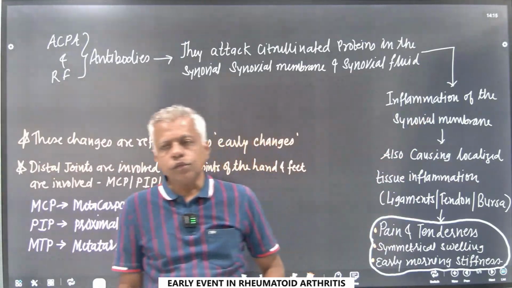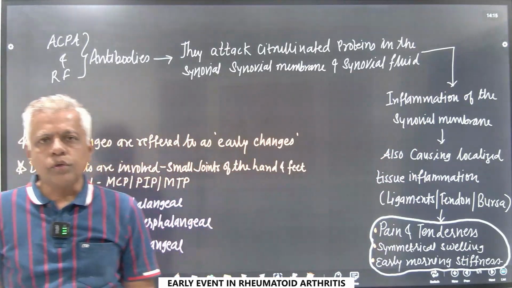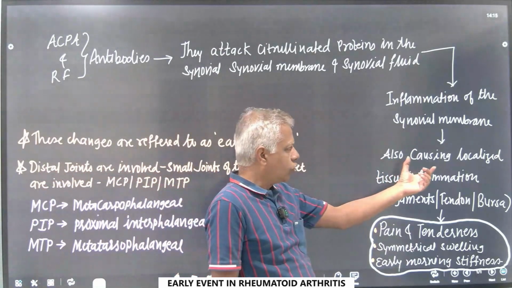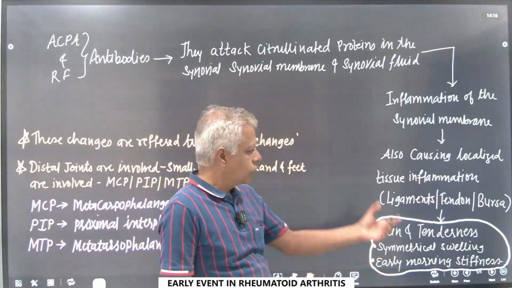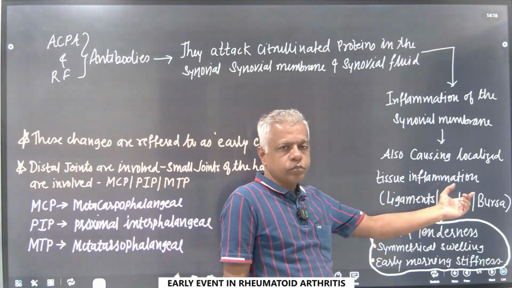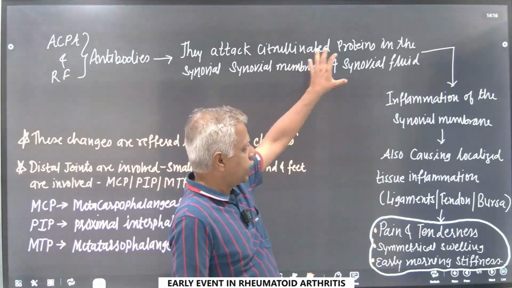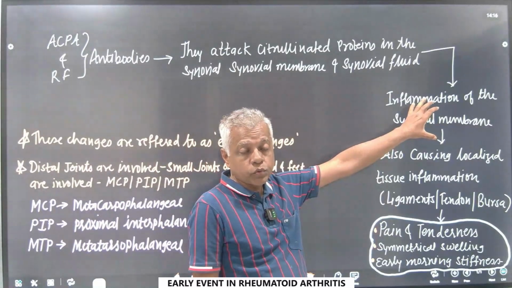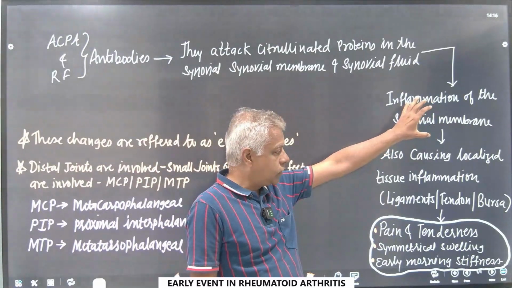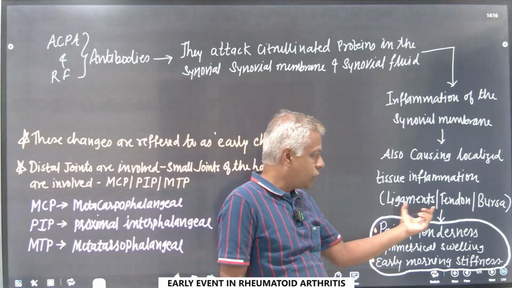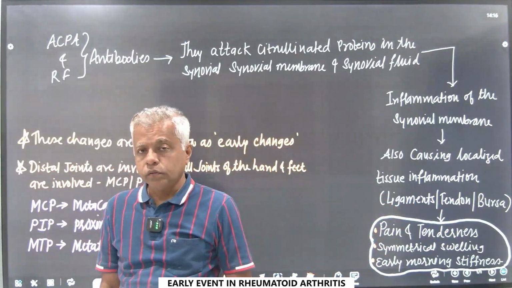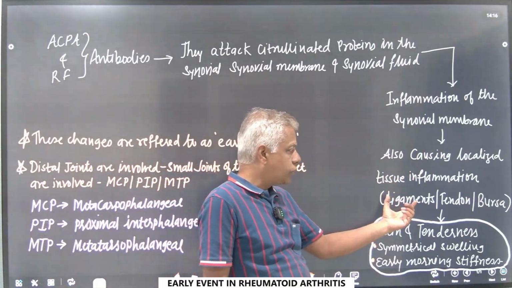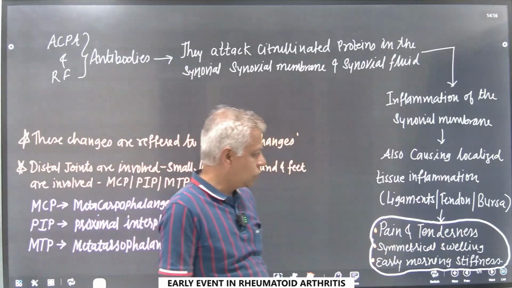So, this inflammation of the synovial membrane, what we call synovitis, is also causing localized tissue inflammation like ligaments, tendons and bursae. Okay. So, these antibodies have attacked the synovial membrane, causing synovitis, and because the ligaments, tendons and bursa are in close proximity, inflammation of the ligament, tendons and bursa is also there.